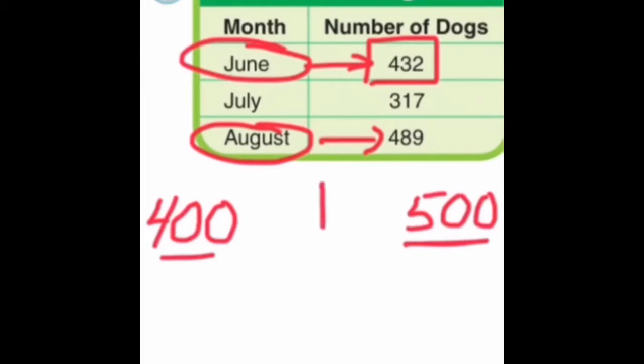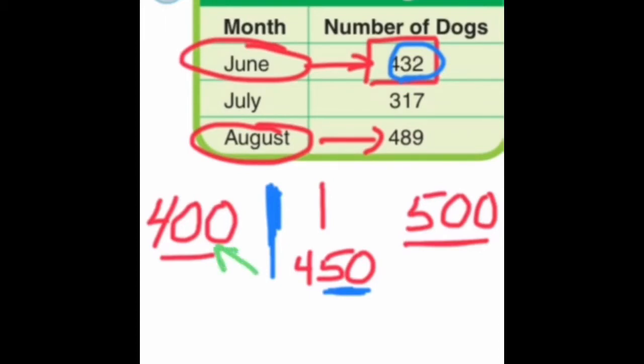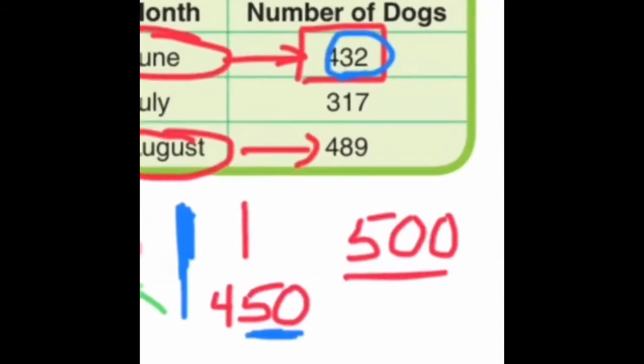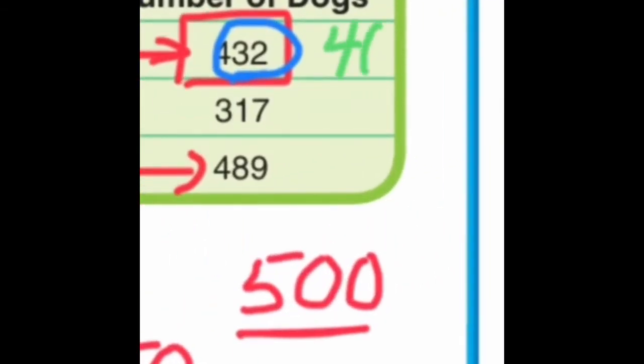The midpoint is 450, and 432 is roughly in here. 432 is less than 450. 32 is less than 50. So, since 432 is in this area somewhere, we go to this number, 400. Since we're closer to 400, that's the number we'll use as our estimate, 400.